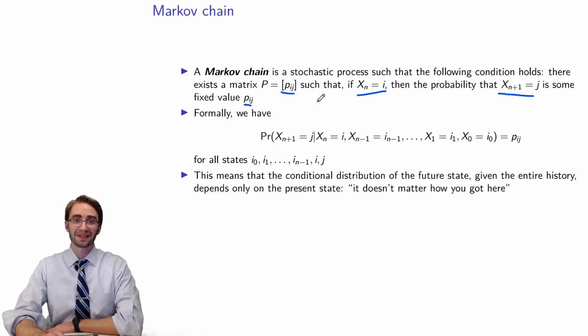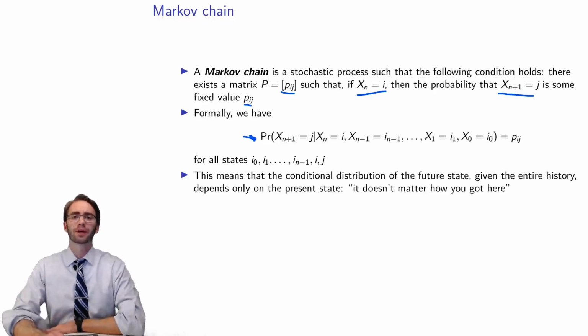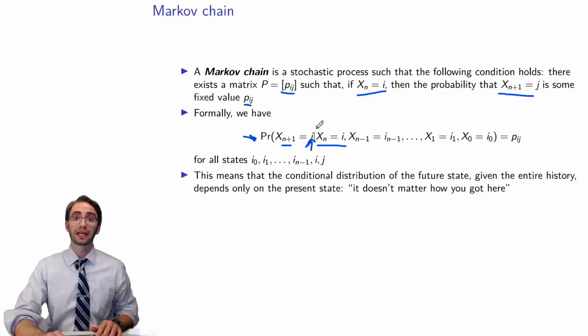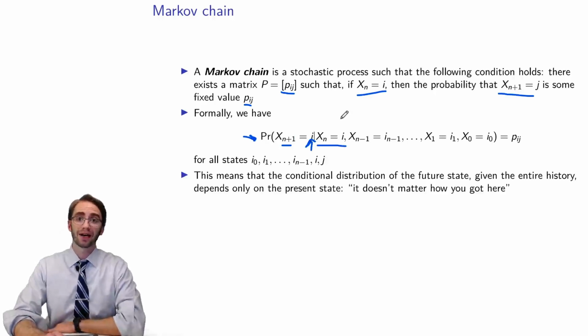I don't expect that to sink in. Formally, what you're trying to emphasize is the probability that at the n+1th stage you take on value j, given that you're presently in value i.